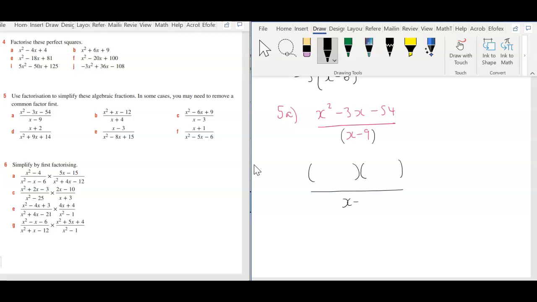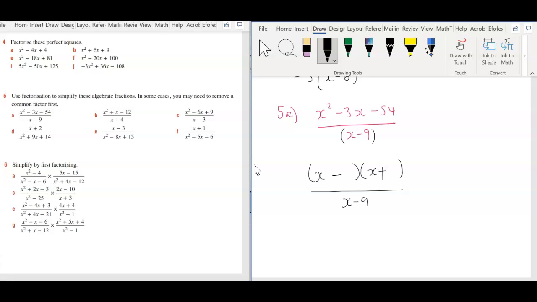So what I usually do if I'm factorizing a quadratic, I set up my brackets and put my x's in, or whatever letter you're using, and then I've got space to put it in. Now I've got a negative 54, so that means one of them has to be a negative and the other one is a positive, because a negative times a positive gives you a negative number.